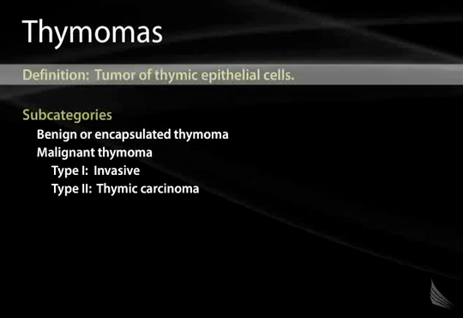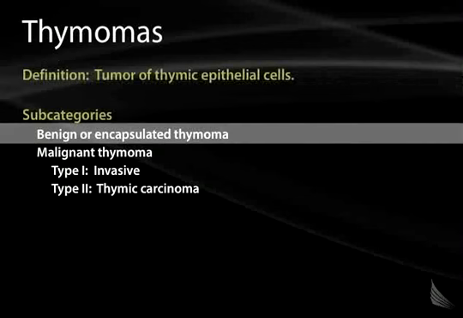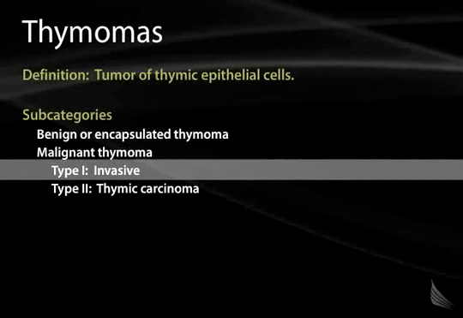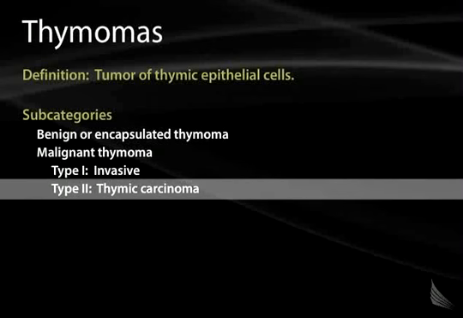A thymoma is a tumor of thymic epithelial cells, and those can either be benign or encapsulated, or you can have an invasive malignant thymoma or frank thymic carcinoma. So you can get a cancer of thymic tissue, which can be relatively invasive to the surrounding tissues.